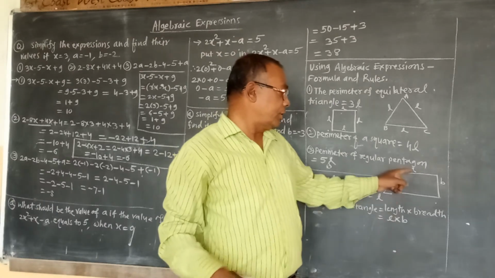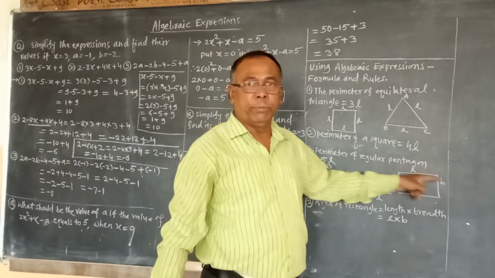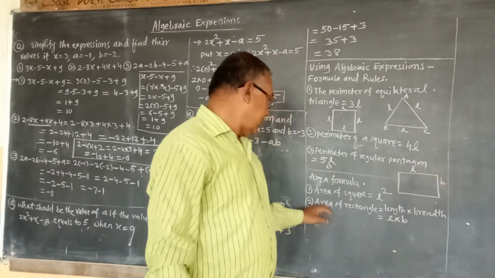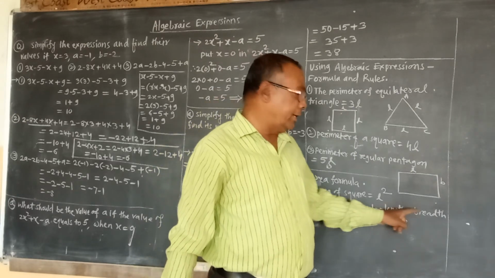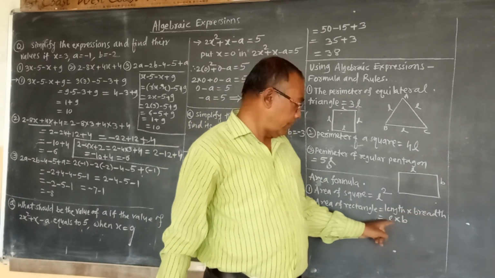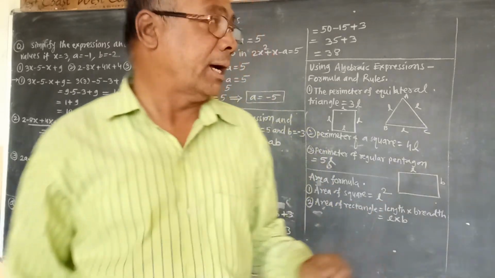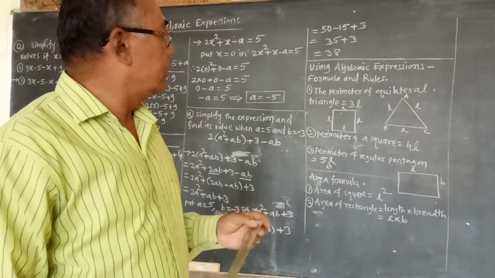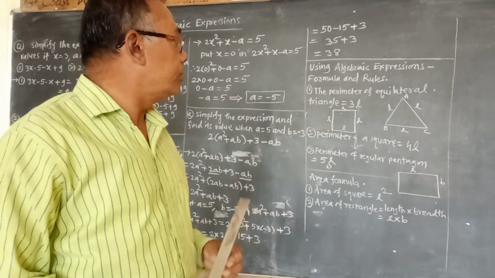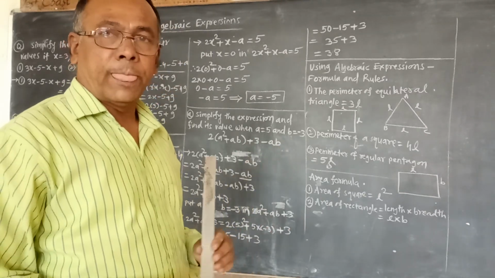Again the multiplication of the adjacent sides, L into B. So area of the rectangle is equal to length into breadth, and that is equal to L into B or LB. So these are the formulas and the rules we are going to study now in the next topic.